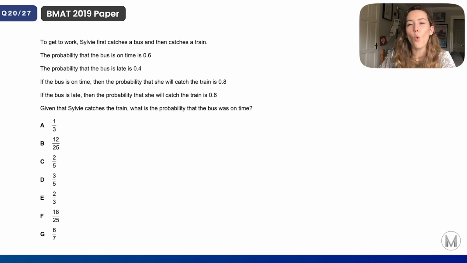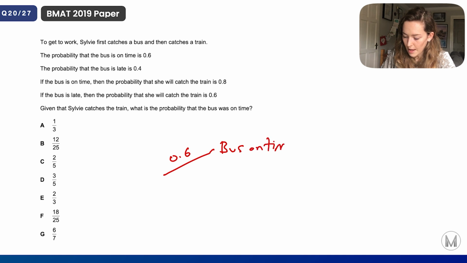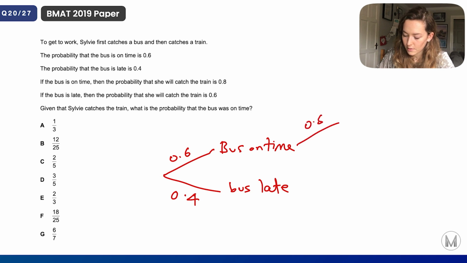Question 20. With probability questions like this, it's always a good idea to draw a quick tree diagram. So we've got Sylvie. The probability that the bus is on time is 0.6. So 0.6 bus on time. That means we've got a 0.4 chance of it being late. Now, if the bus is on time, the probability that she will catch the train is 0.8.